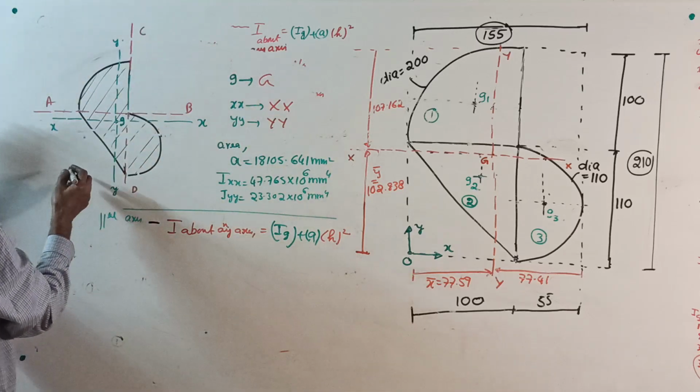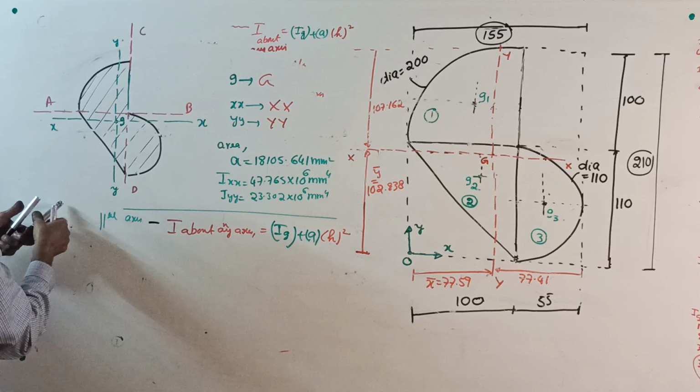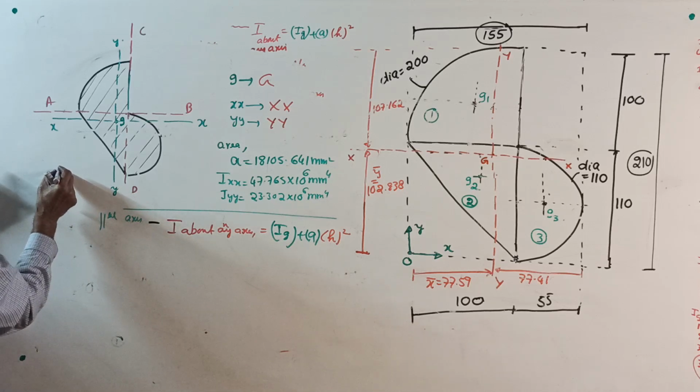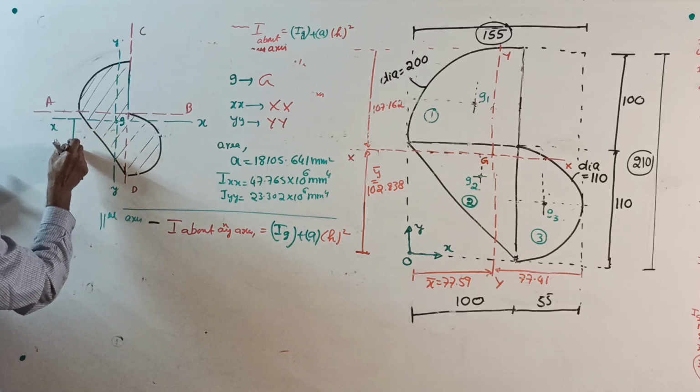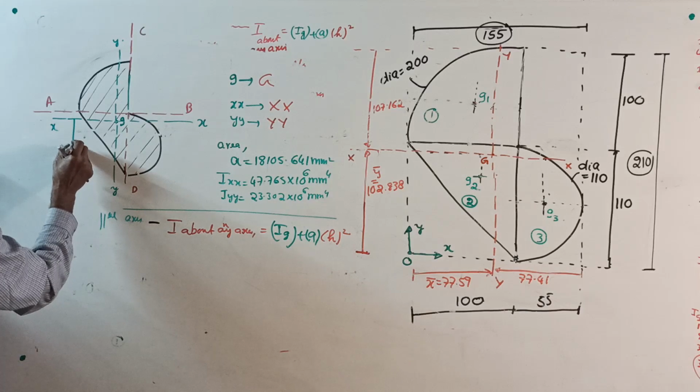Now, correctly see here, this distance we just now got, that Y bar. How much is it? Y bar is 102.838.